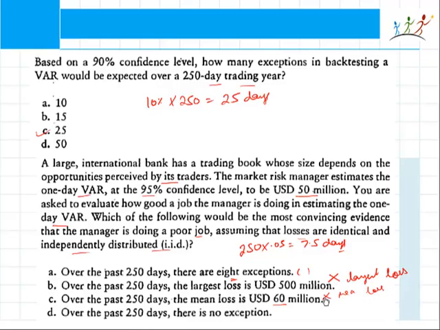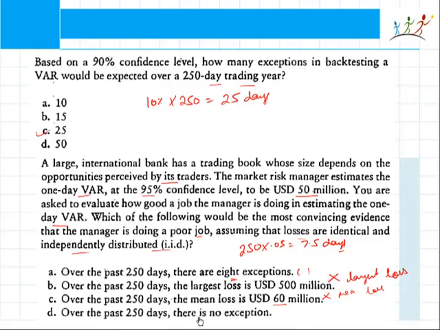It just tells us that 95% of the times the loss will be less than 50, and 5% of the times the loss will be greater than 50 in one day. Apart from that, the one day 95% VAR tells us nothing about the average loss over and above the VAR.